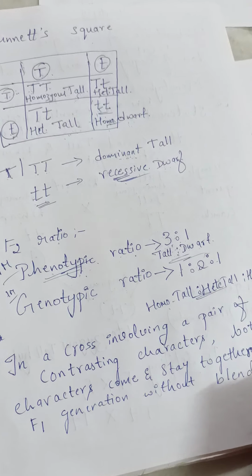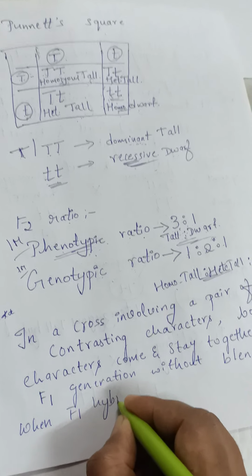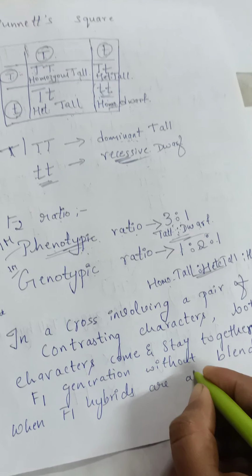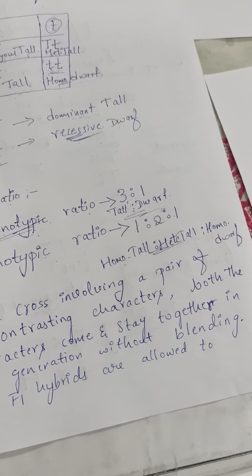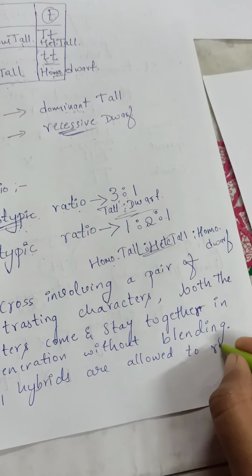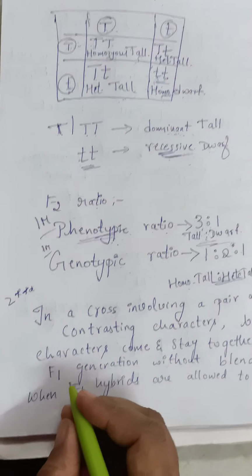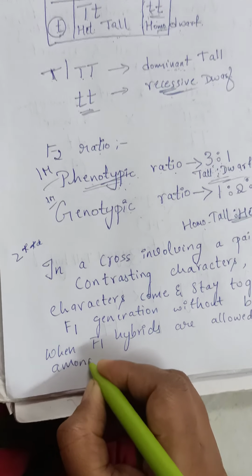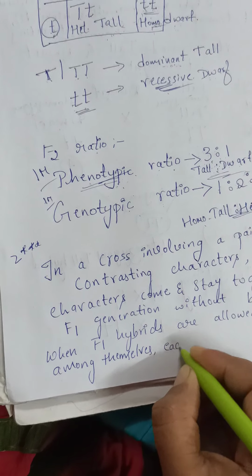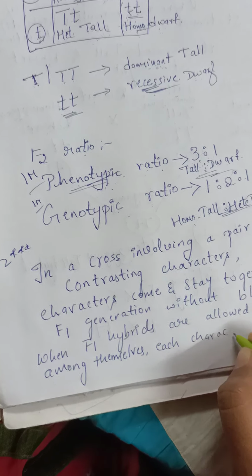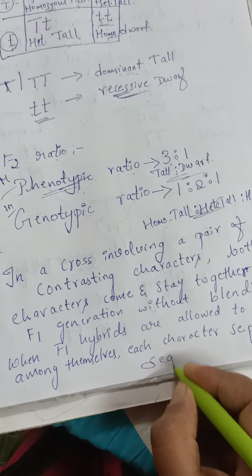Blending means mixing. Without blending, when F1 hybrids are allowed to reproduce among themselves, each character separates or segregates.